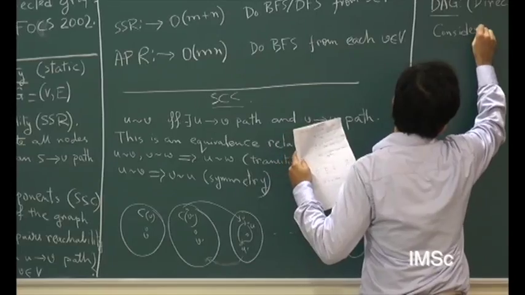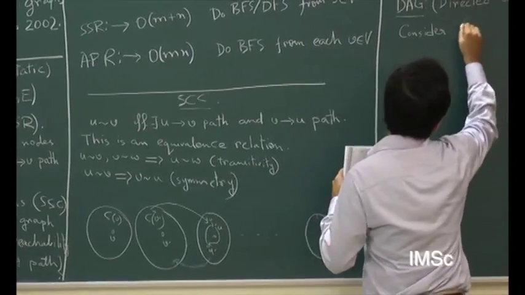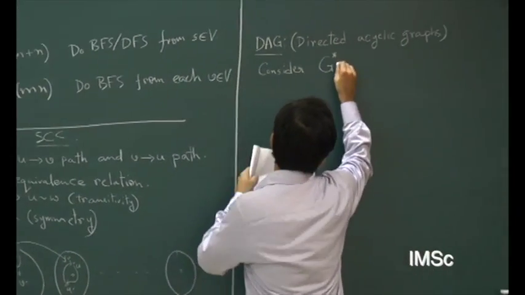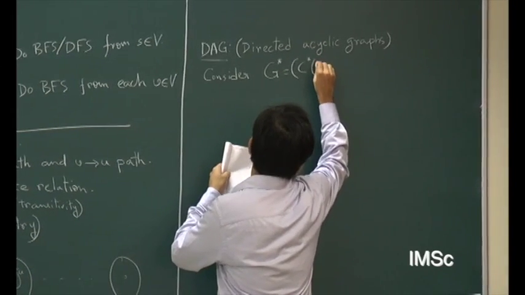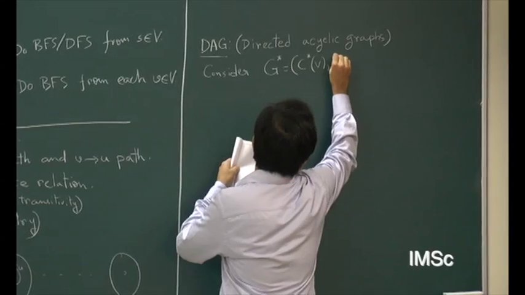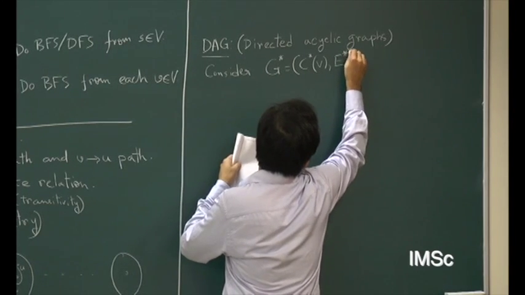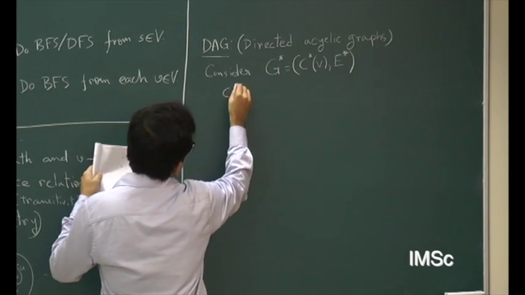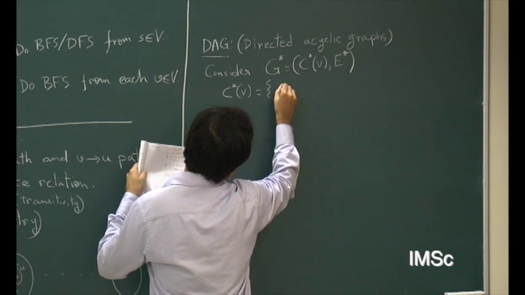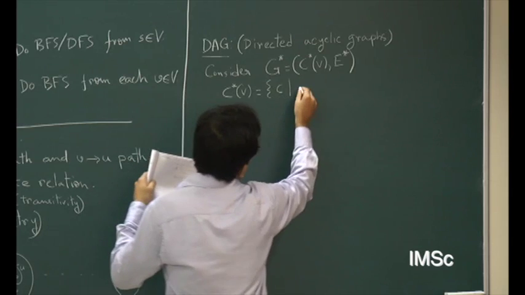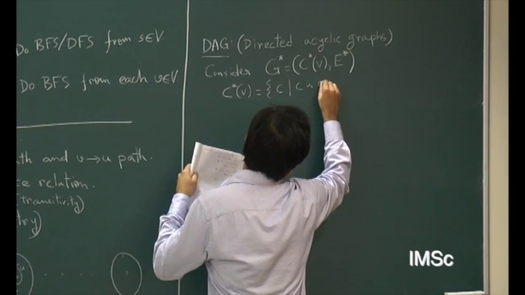Okay. So G is the given graph, right? So consider this new graph, G star. So what is C star of V? This is the collection of strongly connected components.